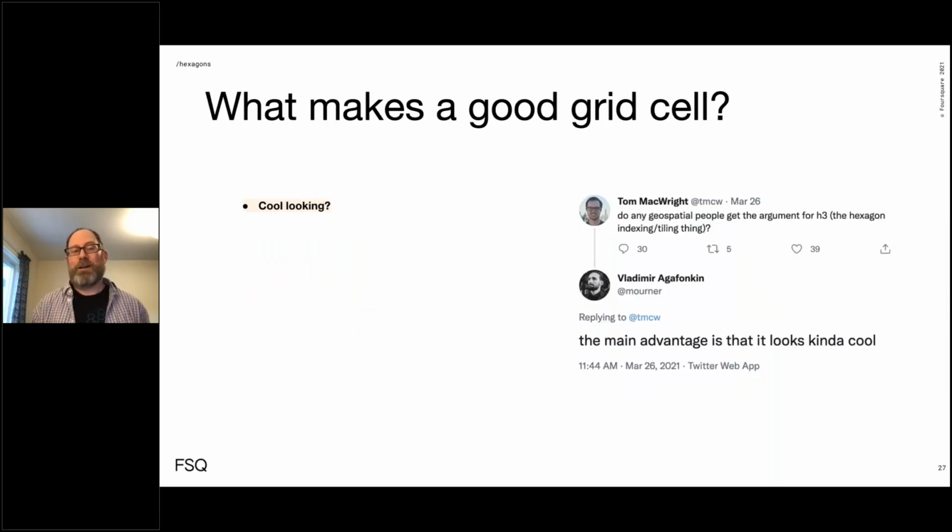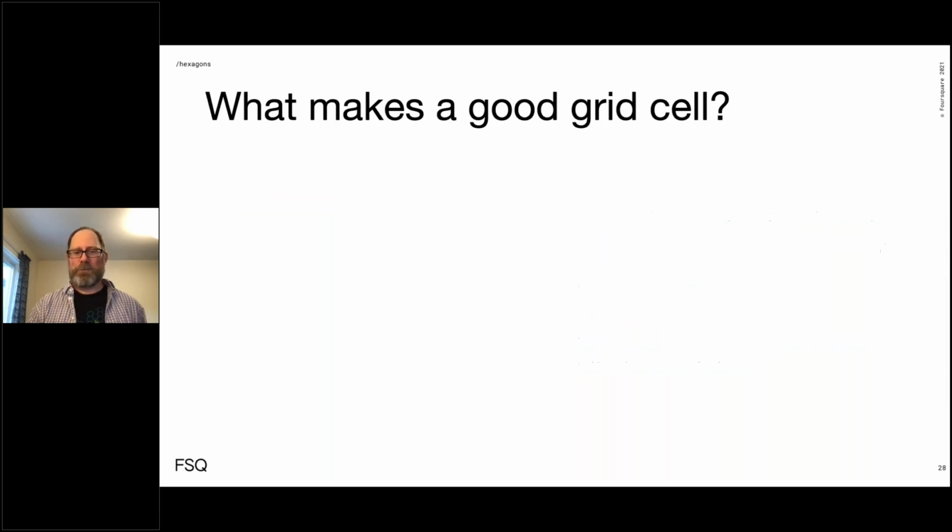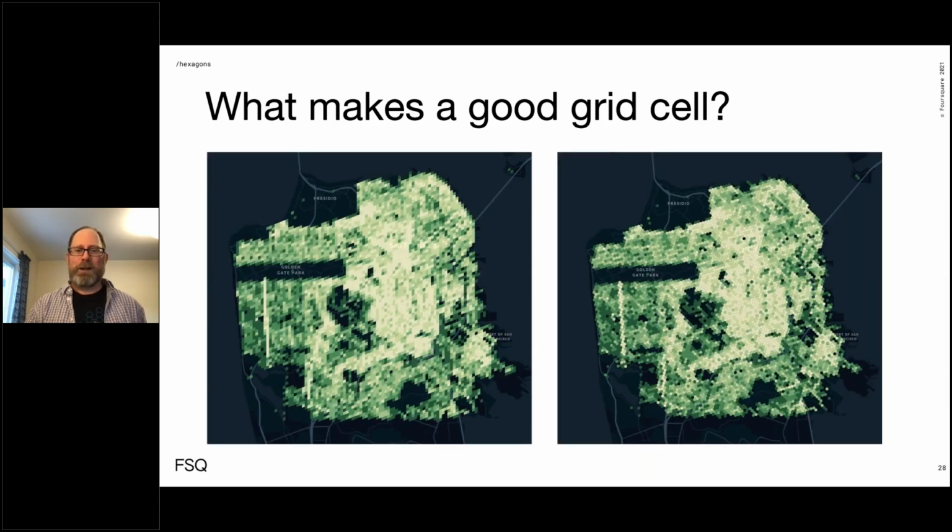Another thing you might care about is whether or not they're cool looking. And I hear a lot of maybe slightly dismissive comments saying that the main thing about hexagons is they look cool. Well, first of all, I think they do look cool. But second of all, I think that they look cool because they are cool, because our brains have this amazing visual processing power.